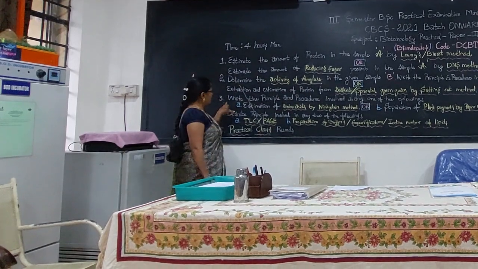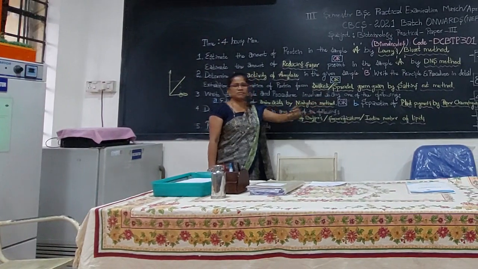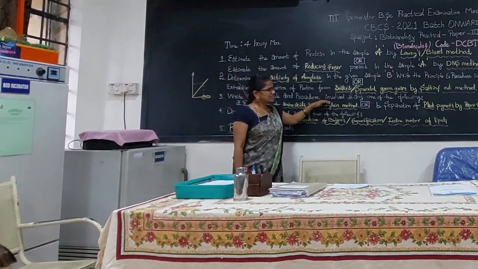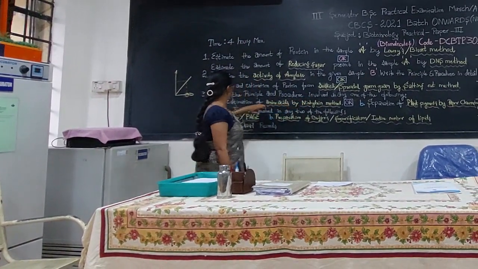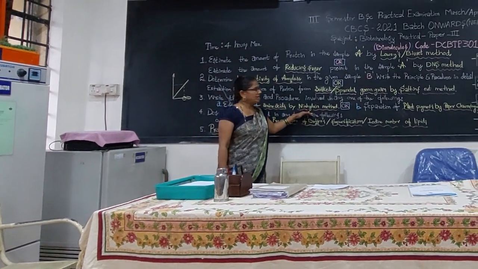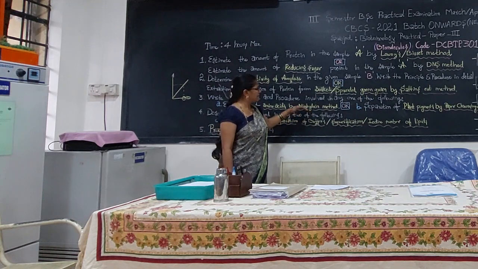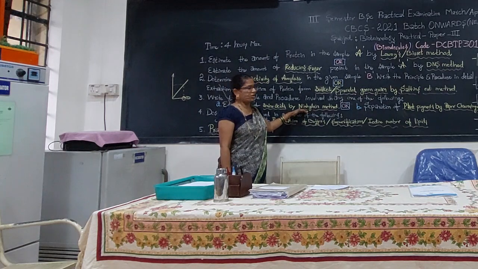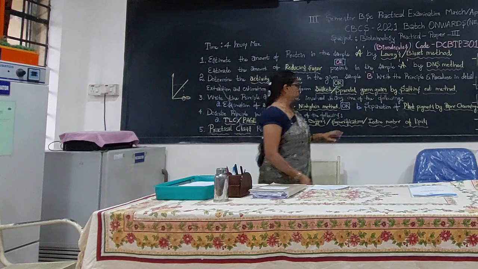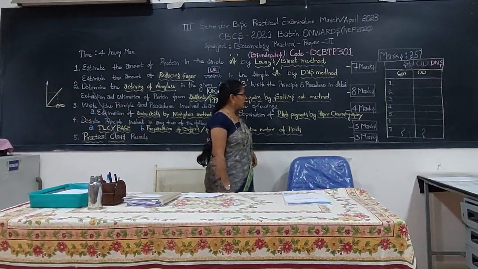Next, question number 3, write the principle and procedure involved in any one of the following, and this carries 4 marks. So you may get estimation of amino acids by Ninhydrin method. As this carries 4 marks, if you get the Ninhydrin method, write what the Ninhydrin method is, write the Ninhydrin reaction, and what is the purpose of using it. Or you may get separation of plant pigments by paper chromatography.